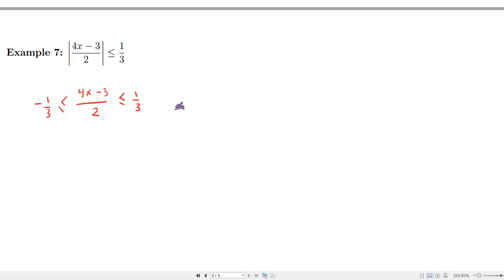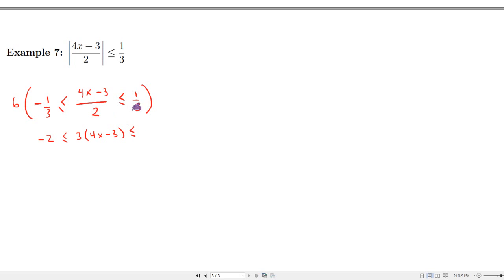Okay, now at this point, let's multiply this whole thing by the least common denominator. So least common denominator when we have 2 and 3 is a 6, right? So I multiply by 6, I'm going to get rid of those fractions. So I will have negative 6 over 3, which is negative 2, less than or equal to 6 over 2 is 3, so I'll have 3 times 4x minus 3.